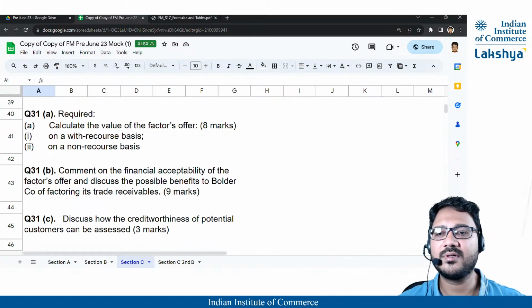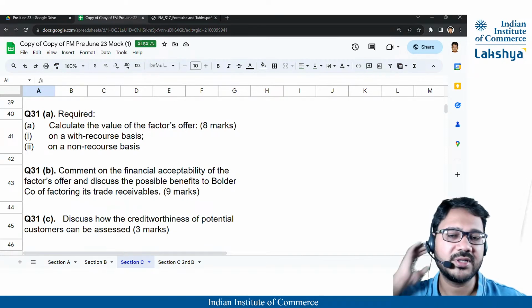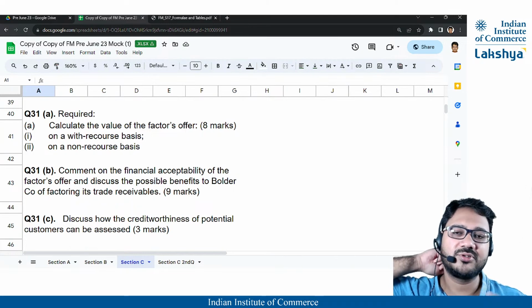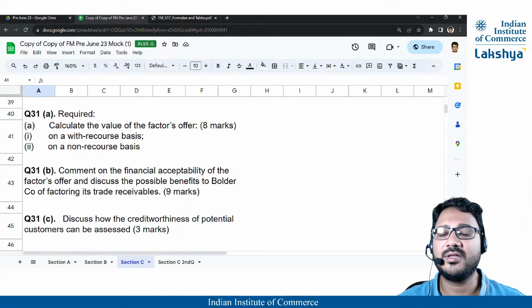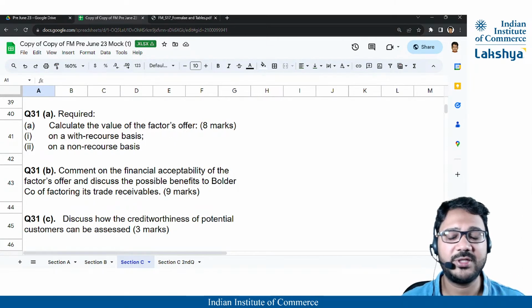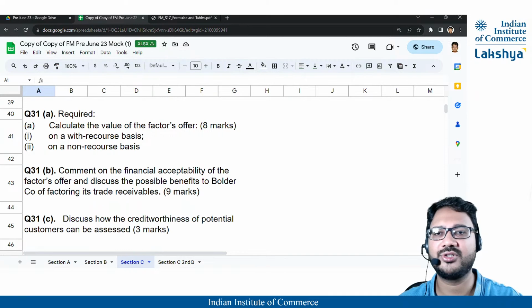And the factor's benefits would include: well, factors are experts because they do that day in and day out, so they are experts at credit risk management, and they are also experts in receivables management. Then it takes away from the management, in the sense that management can now focus on the business because they have outsourced the credit management to another agent altogether.